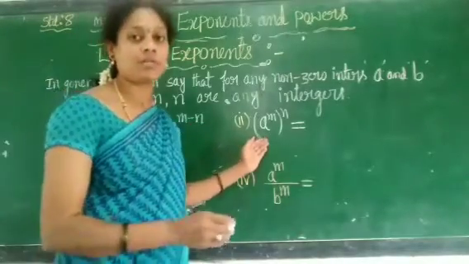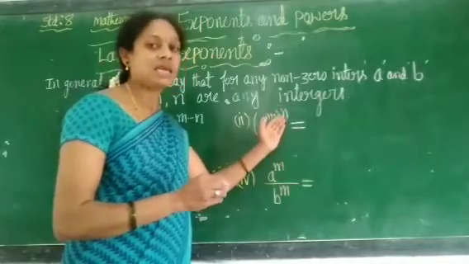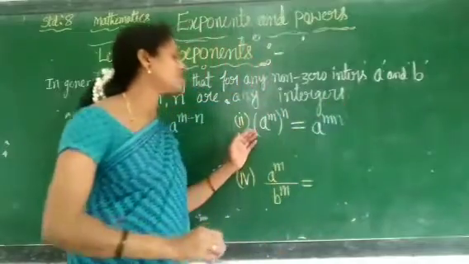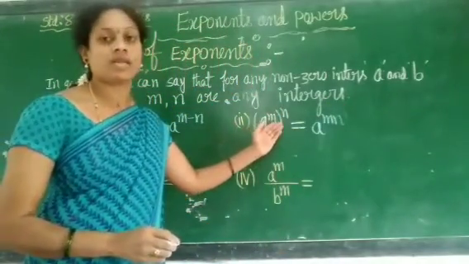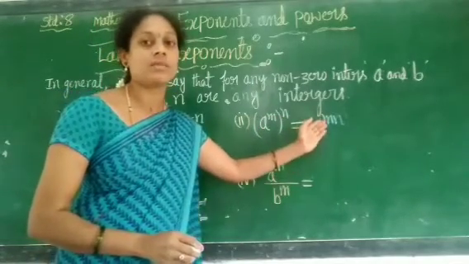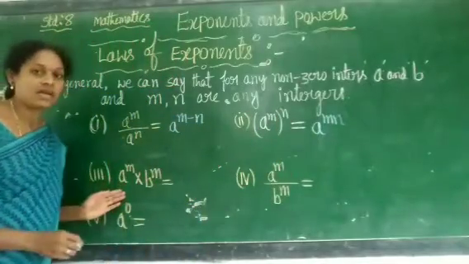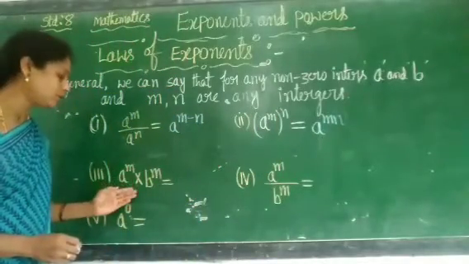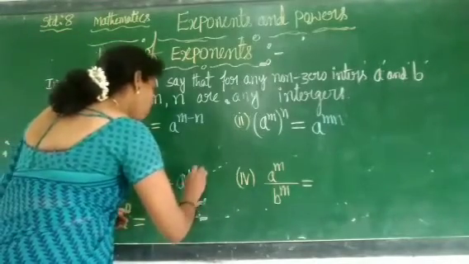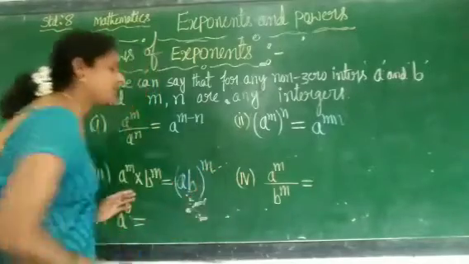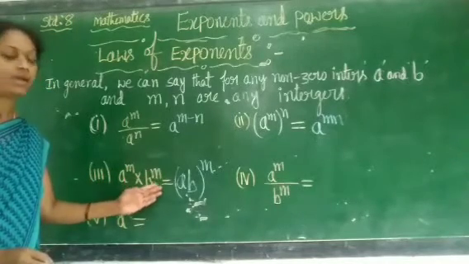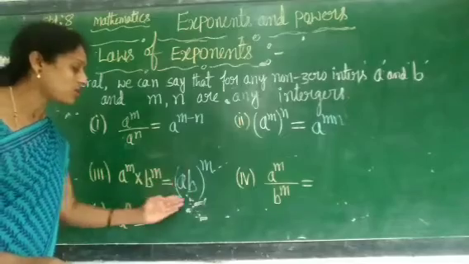Second law: a to the power m whole to the power n is equal to a to the power mn. The third law: a to the power m into b to the power m is equal to ab whole to the power m.